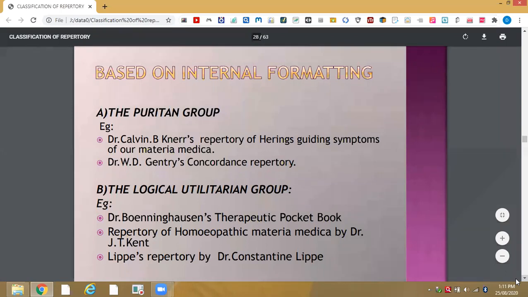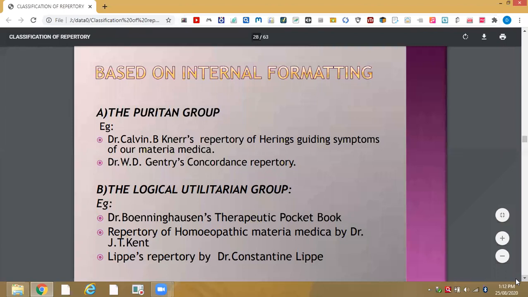They are not converted into rubrics. It is also called concordance repertory. The examples we discussed yesterday are Nair's repertory and Gentry's concordance repertory, which is given in 6 volumes.